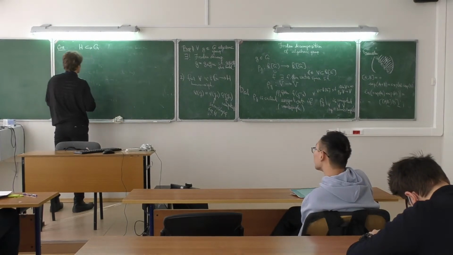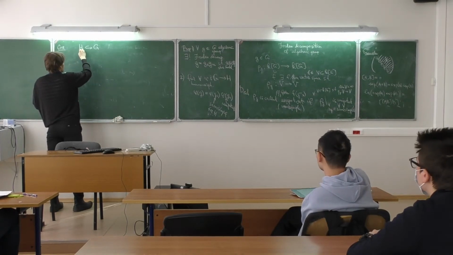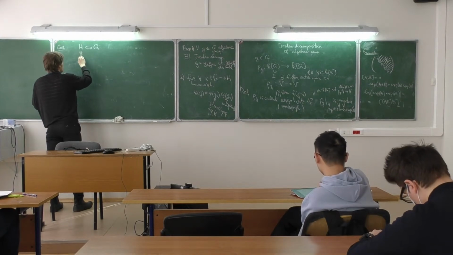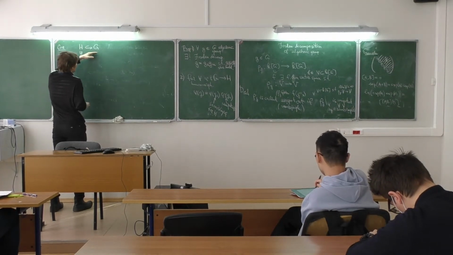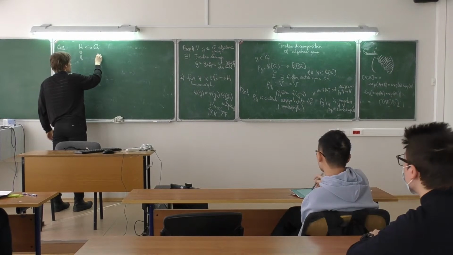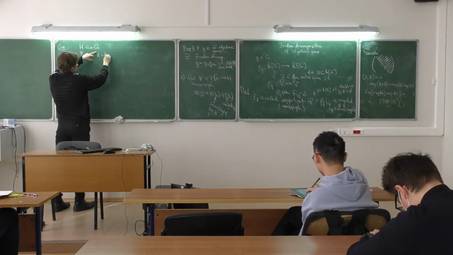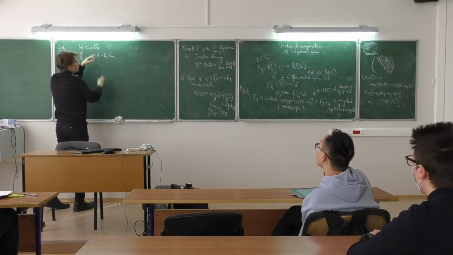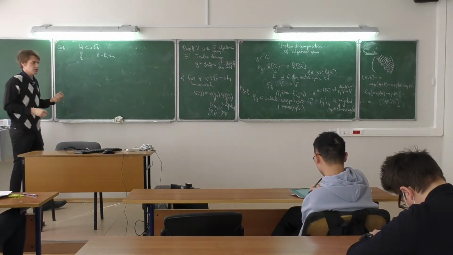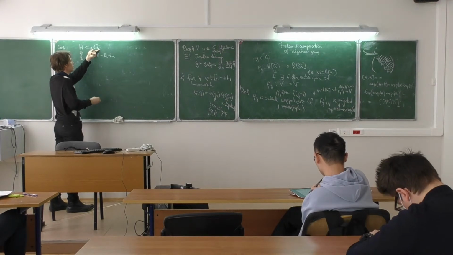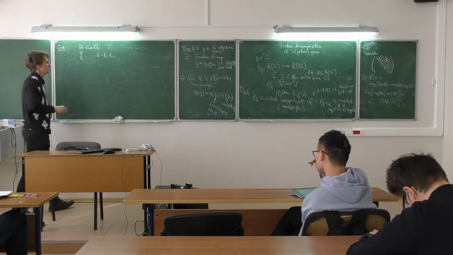So if you take the element h here, you can decompose this element h, looking at it as an element of G, into the semi-simple part and unipotent part. So, for example, in G you have a Jordan decomposition.